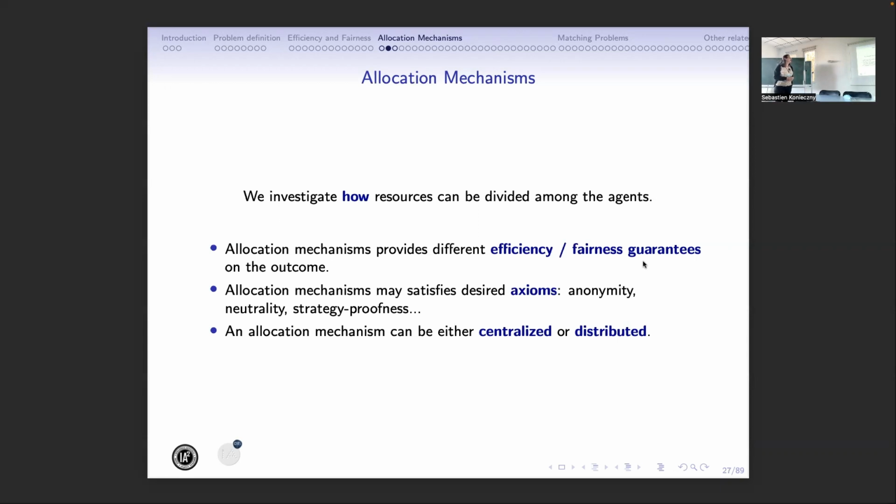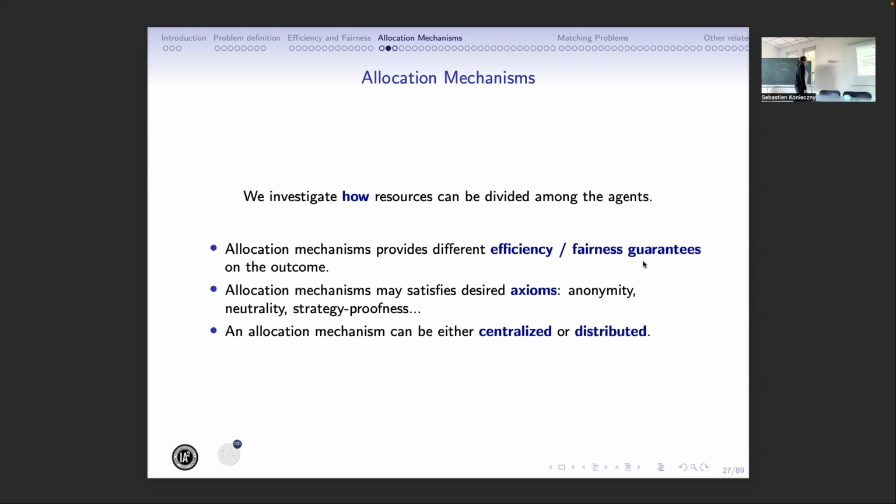So, you can see it as the outcome of the mechanism does not depend on the ID or the name of the agents. Neutrality is similar but applied to resources. So the outcome of the algorithm does not rely on the name or the ID of the resources.